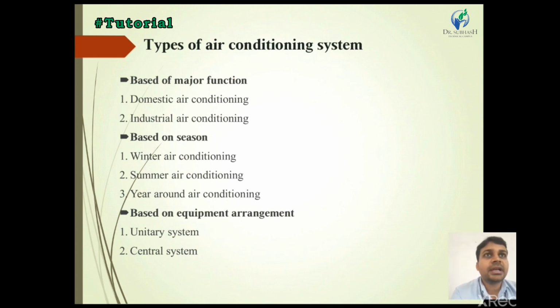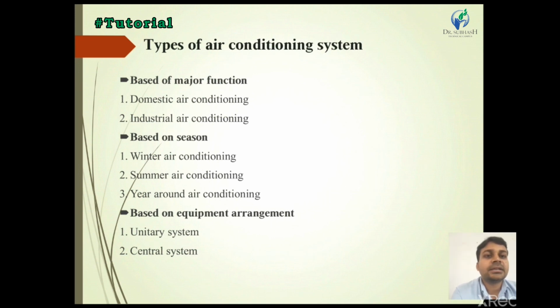Based on season: winter, summer and year round. In the winter air conditioning system, the room temperature is very low compared to our human comfort temperature. In this season we require heating, so in winter conditions the air conditioning system raises the room temperature. In the summer air conditioning system, the room temperature is higher than the human comfort temperature, so we have to cool down our room.